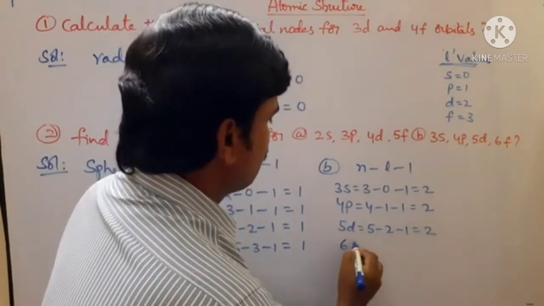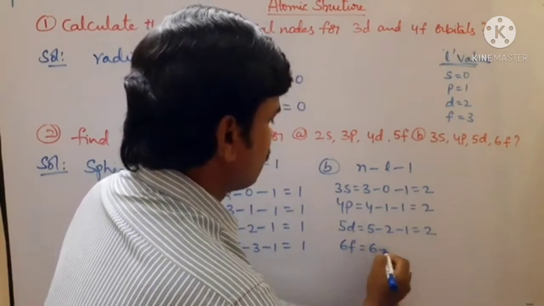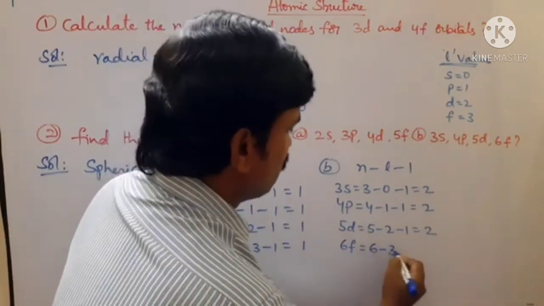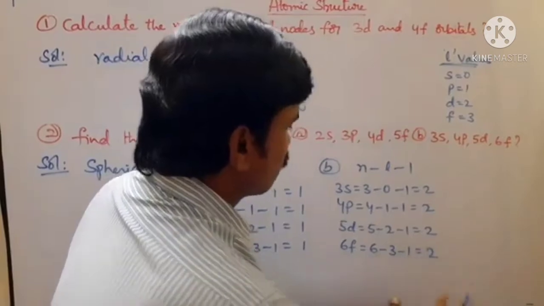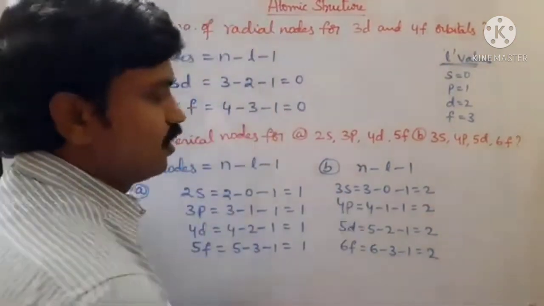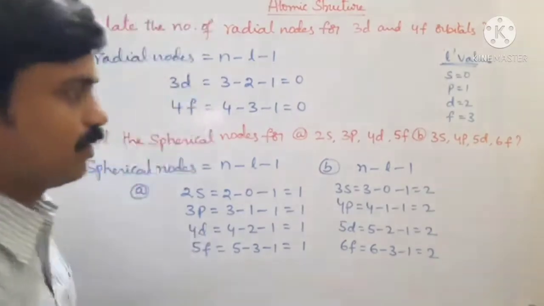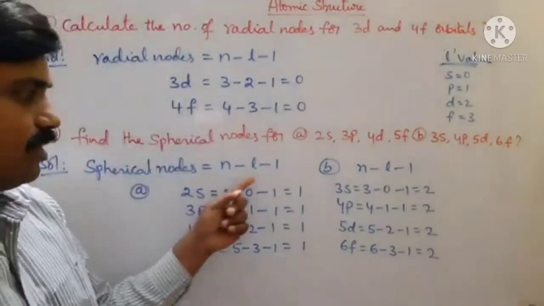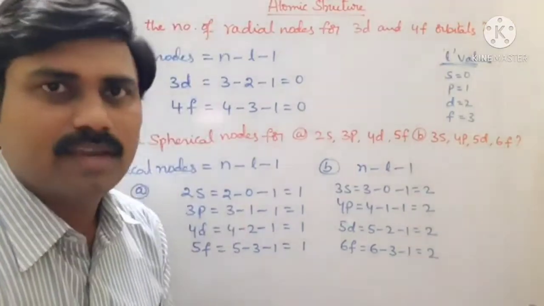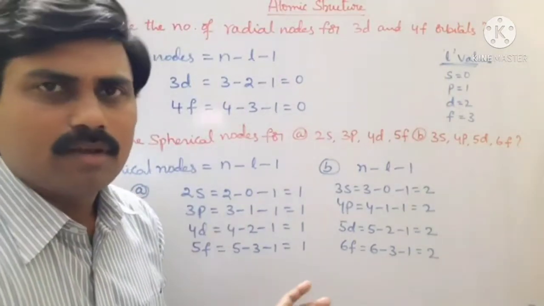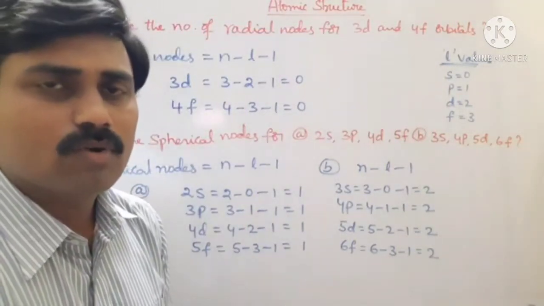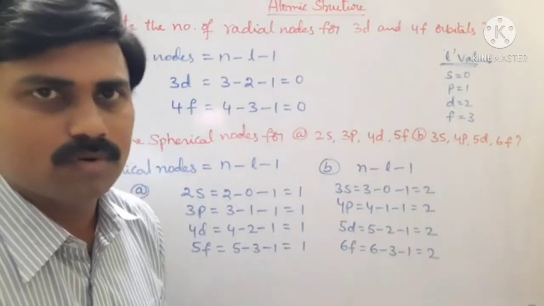In case of 6f orbital, n value 6 minus, for f orbital l value 3, minus 1, 2. For all these orbitals, spherical nodes or radial nodes are 2. So by using n minus l minus 1 formula, we may calculate any orbital's spherical nodes or radial nodes or nodal region or nodal space or nodes.